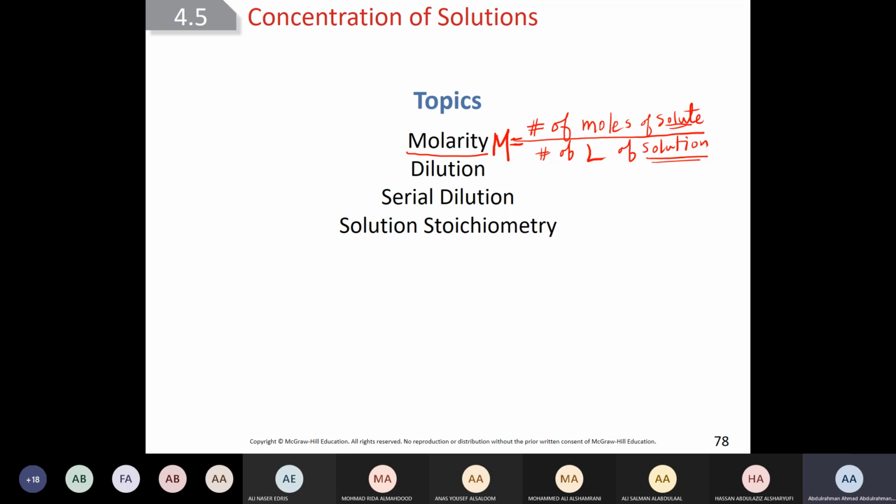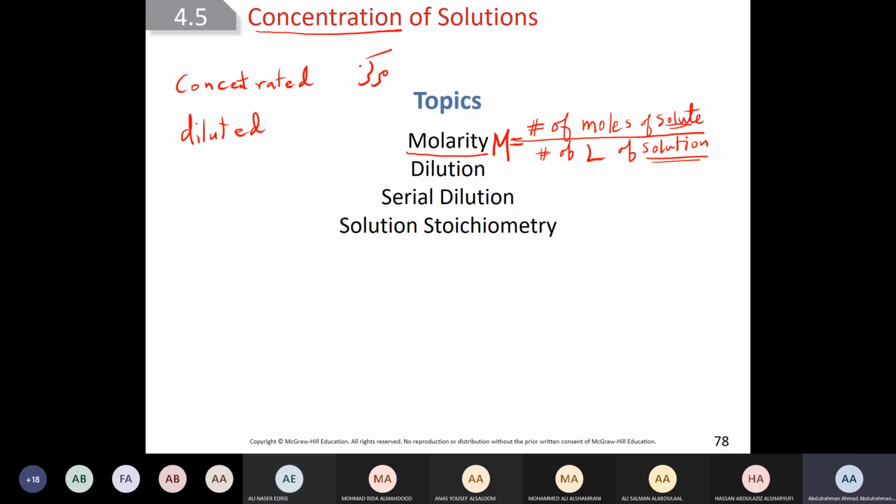Okay, I want to say a certain word, concentration or concentrated. And diluted. What's the meaning of concentrated? مركز.